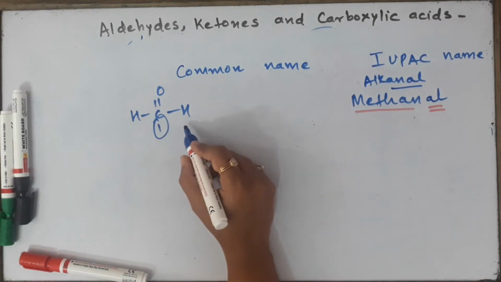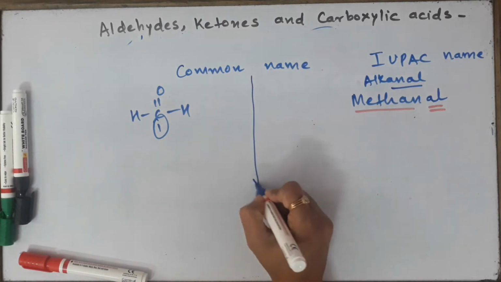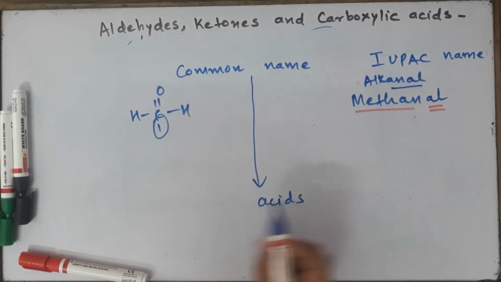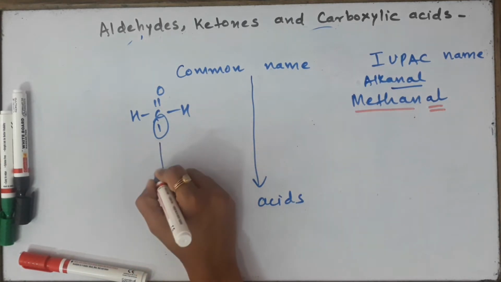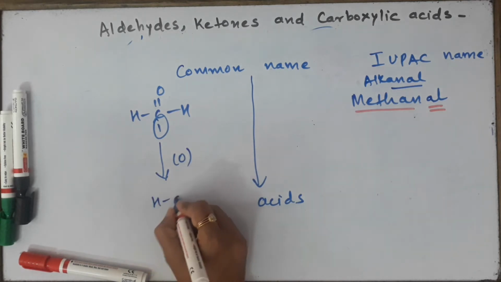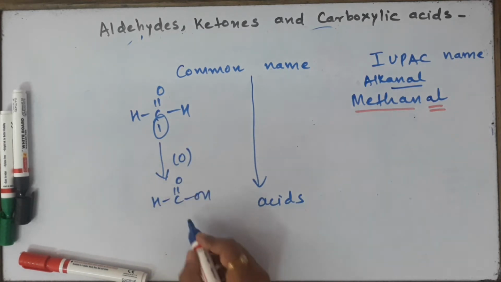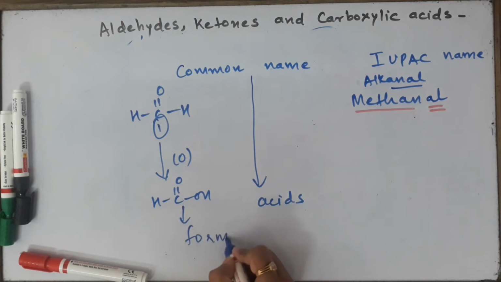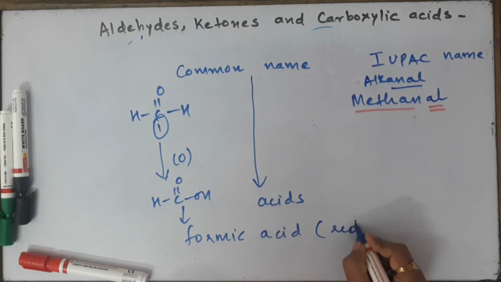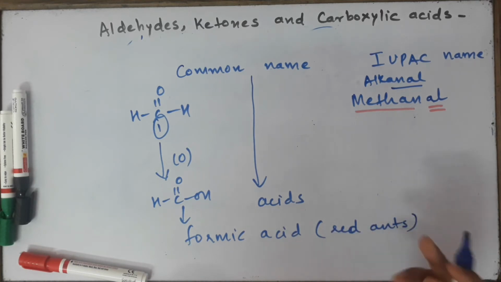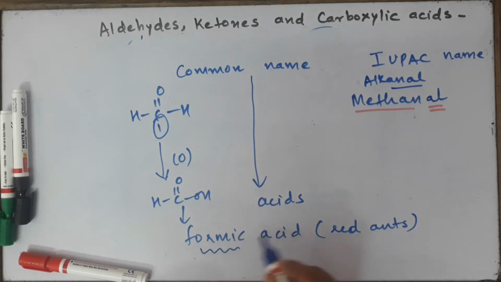The common name is going to be derived from the common name of the acids which these aldehydes produce upon oxidation. So when this aldehyde gets oxidized, it becomes formic acid. Formic acid is the acid which is found in red ants. When red ants bite us, we can get swelling due to the injection of formic acid under our skin. So formic acid causes that inflammation, burning and itching sensation.